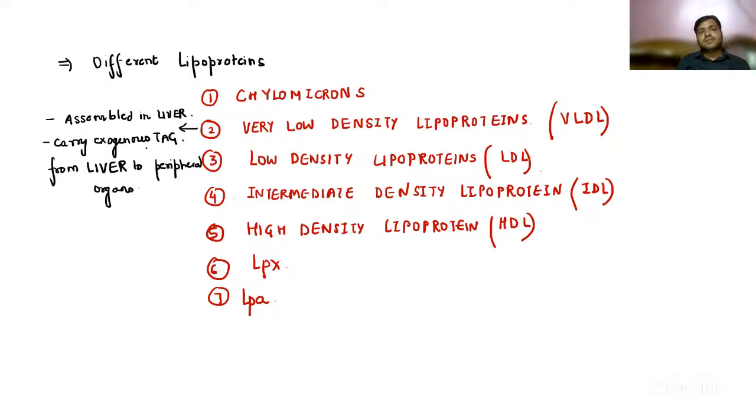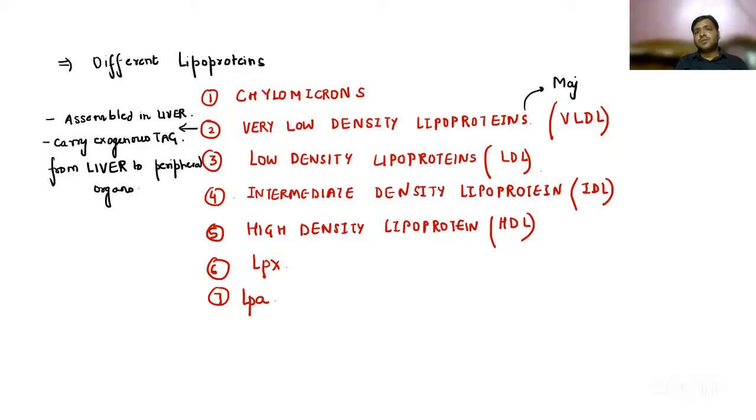It carries the triacylglycerol which is there in the liver from the liver to the peripheral organs, to other body parts. That is the function of very low density lipoproteins.